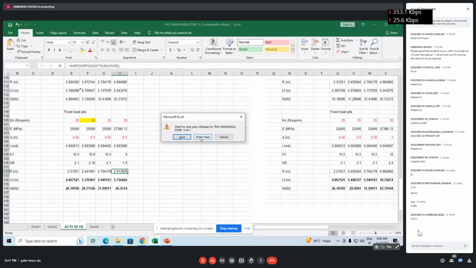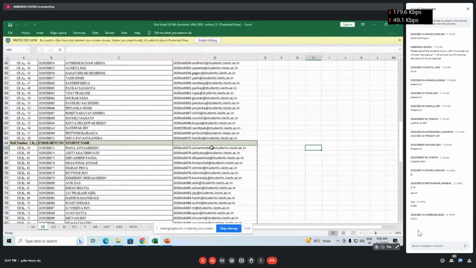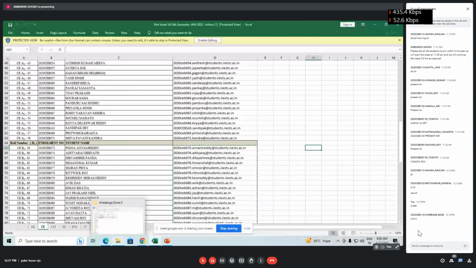Sir, how is K1 9? 9 because you see table 4. I have given cohesion 25 kilopascal, corresponding to kilopascal that means qu equal to 50. So corresponding to 50, the value is 9.